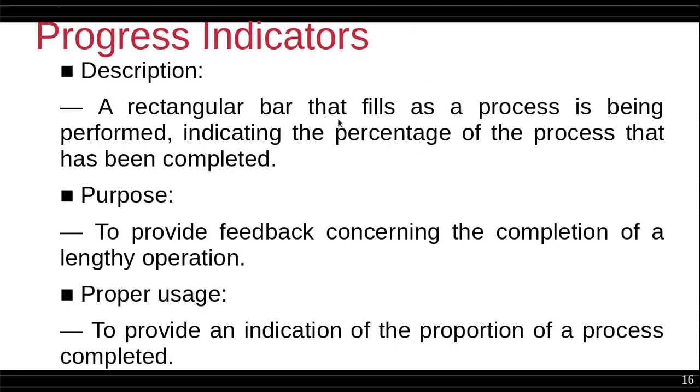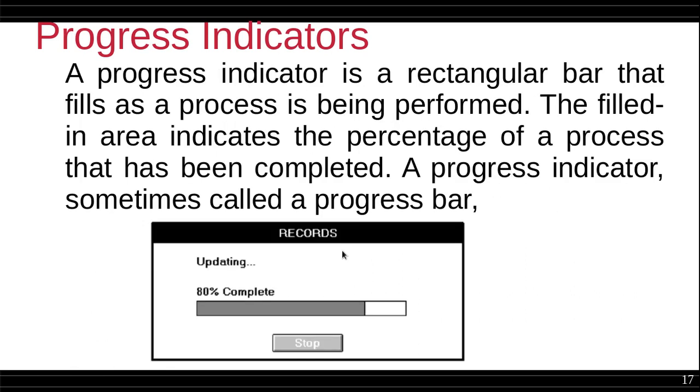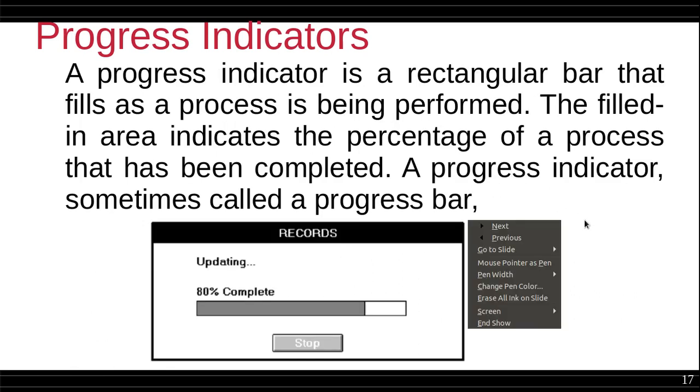Now let's discuss progress indicators. A rectangular bar that fills as a process is being performed, indicating the percentage of the process that has been completed. Purpose is to provide feedback concerning the completion of a lengthy operation. Proper usage is to provide an indication of the proportion of a process completed.